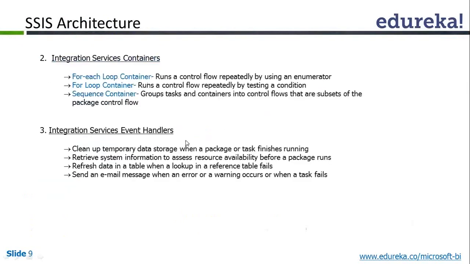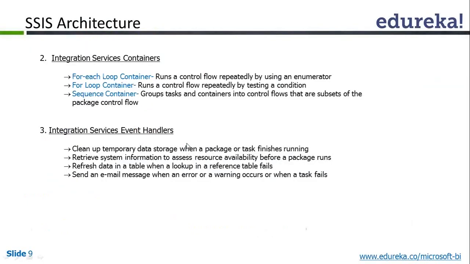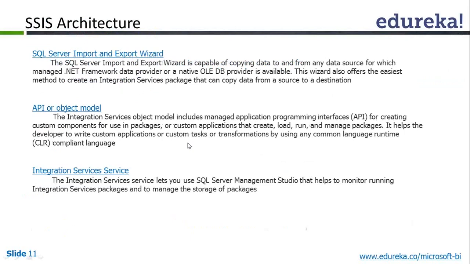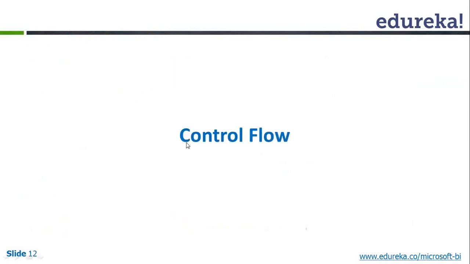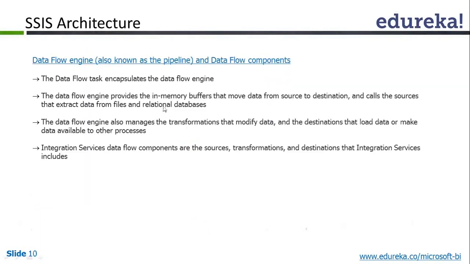Okay, so these are something about the control flow items. There is more about that, but the next topics we have are related to the data flow, and we have some deeper understanding of the control flow. I'm not telling you about the data flow here. After a few slides, we have the concept of data flow.